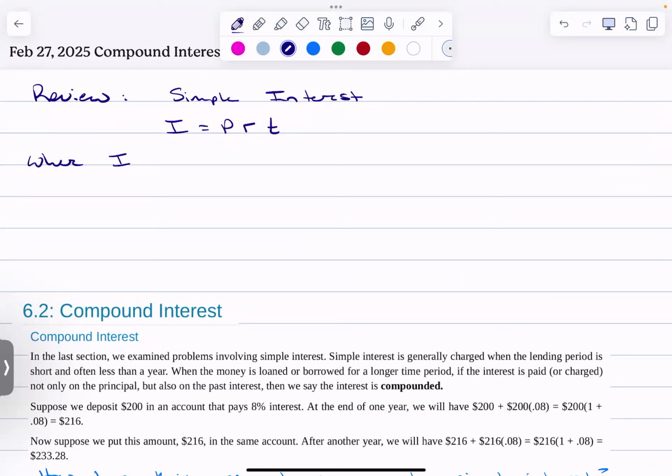And maybe we'll do the A formula too before we get started here. Then we said what? A is going to represent the accumulated amount, right? So after some amount of time t at some interest rate, my principal amount has grown to some accumulated amount A. Now A is going to be P, that principal amount, times 1 plus R times T. Or if you prefer, you could say P plus I, right?